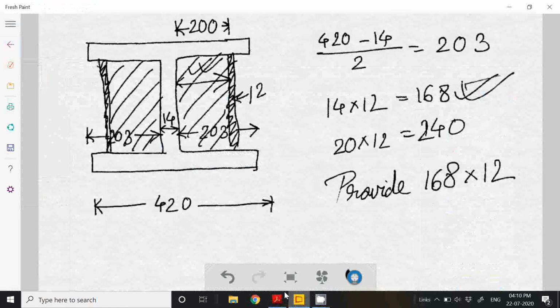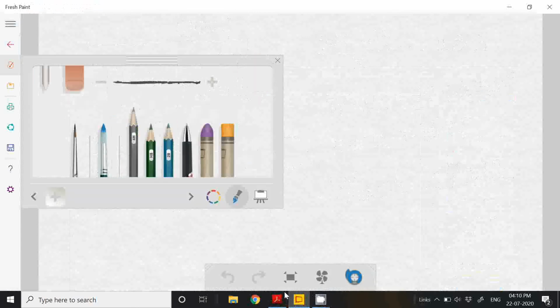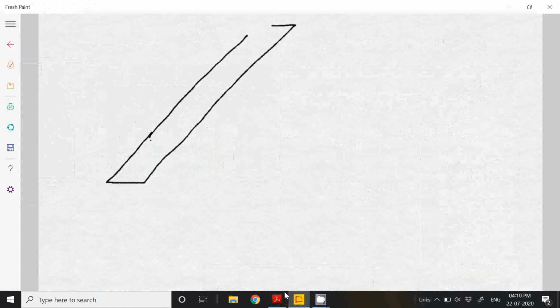So if I try to draw the 3D view, the web is like this, and the plate is going like this.